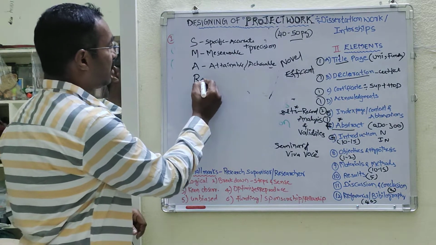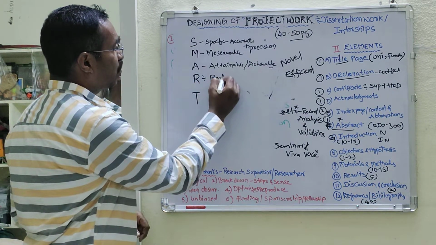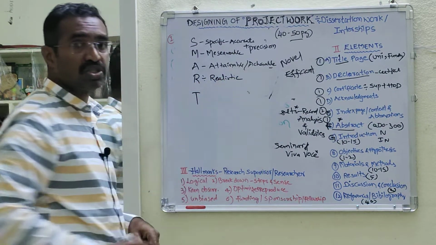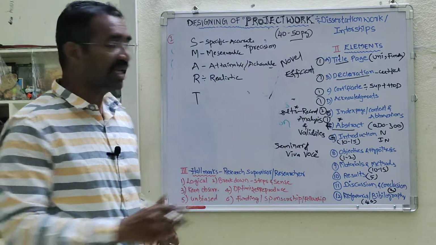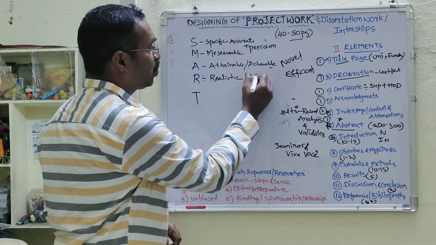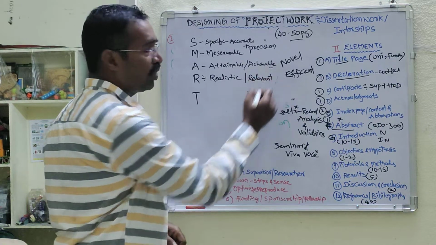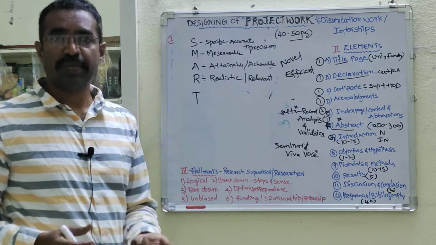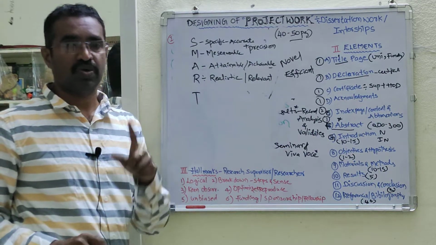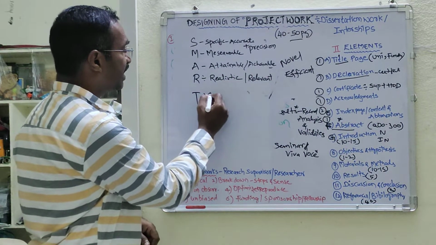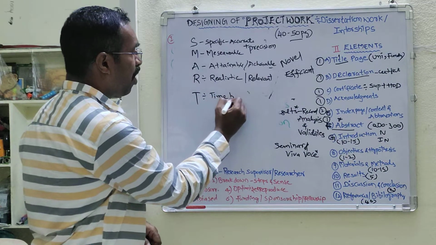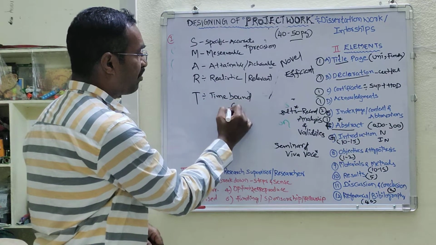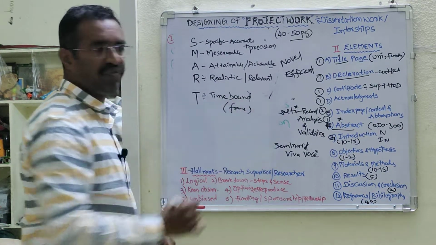Then, is it realistic or not, whether you can do that or not, because it should have some base. Whether it is relevant to your domain or not, whether you are doing arts, science or humanities, that is also very important, you have to check. Then it should be time bound, within a time frame you have to finish.